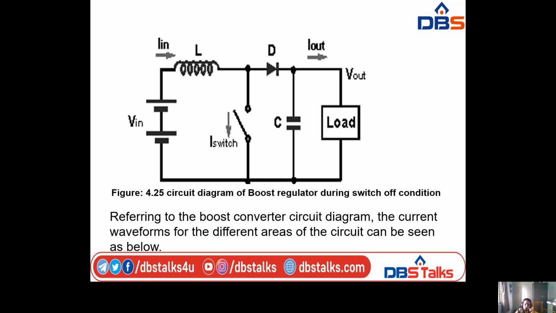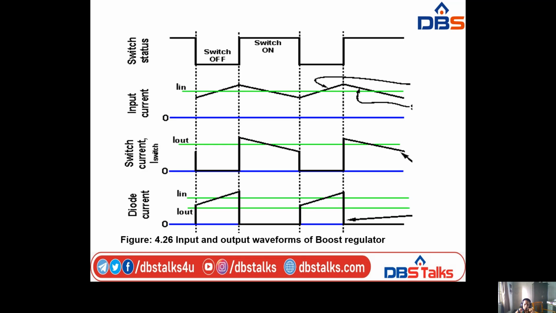Referring to the boost converter circuit, the current waveforms for different areas of the circuit can be seen. These are the input and output waveforms of the boost regulator. This is the switch status, showing the switch in off state and on state.